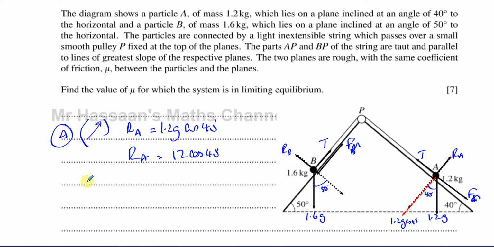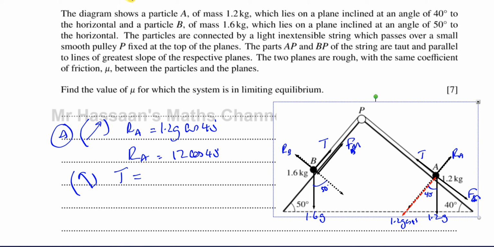We can also resolve forces going up the plane, in which case we'll have T equals... if we resolve the weight parallel to the plane this time, in this direction, it's going to be 1.2g sine 40.